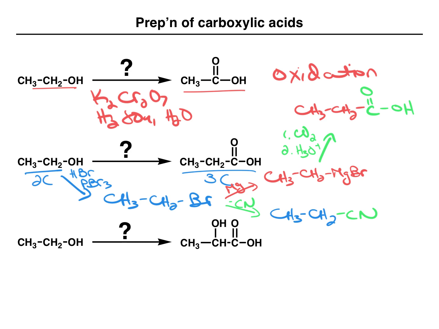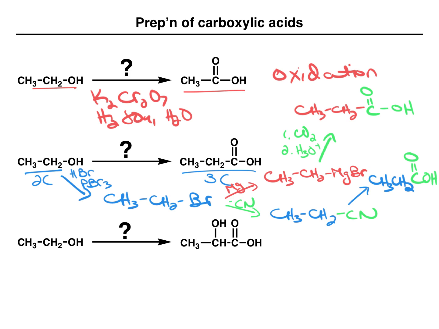Alternatively, our alkyl halide could be treated with cyanide to do SN2 substitution, which would give us this nitrile, which could then be hydrolyzed under acidic or basic conditions to give this carboxylic acid. In this particular example, either the Grignard approach or the nitrile approach would work.